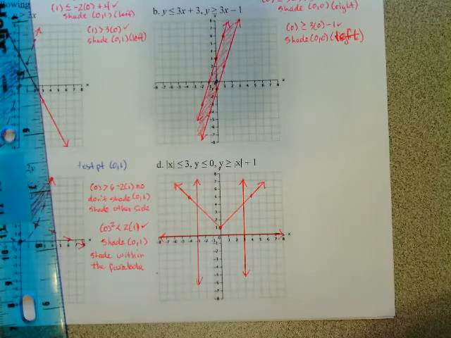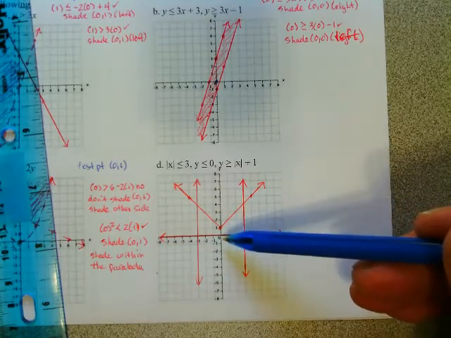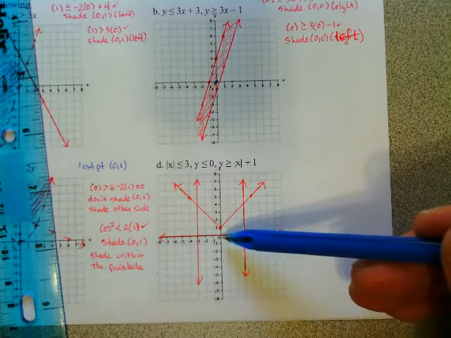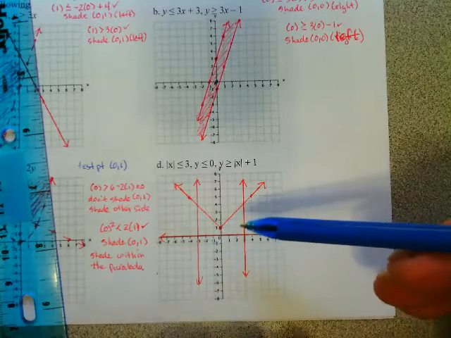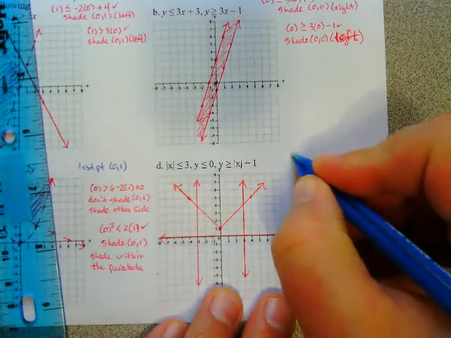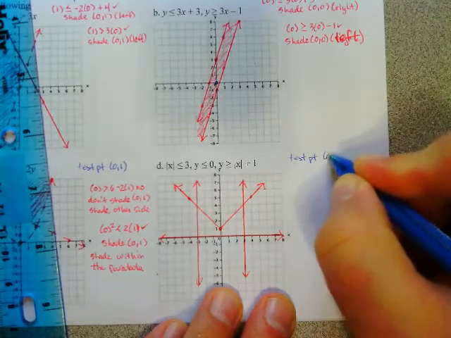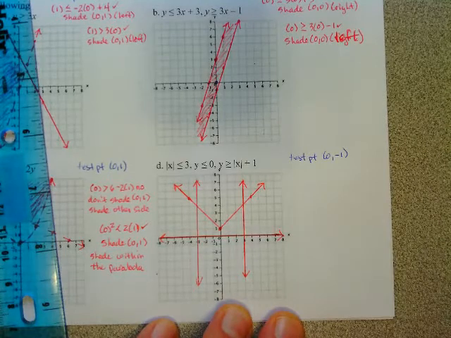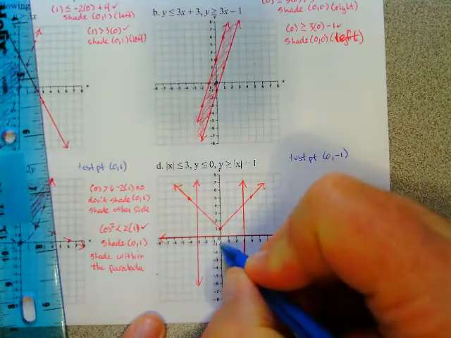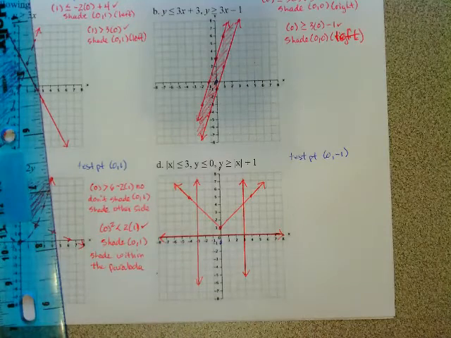Okay, now let's see, we've got one line on the 0, 0, so we don't want to use that as a test point. This one's on 0, 1, so we don't want to use that as a test point. So let's use as a test point 0, negative 1. That'll be down here as our test point.